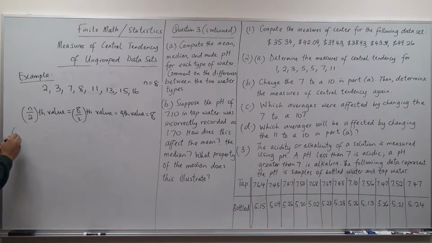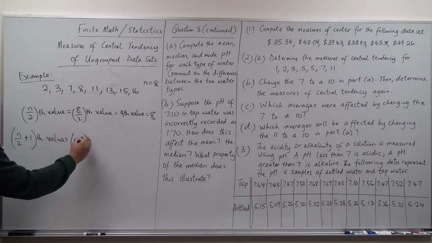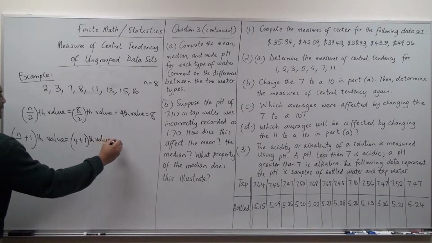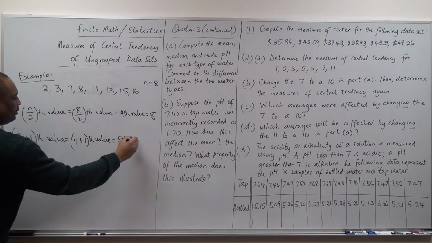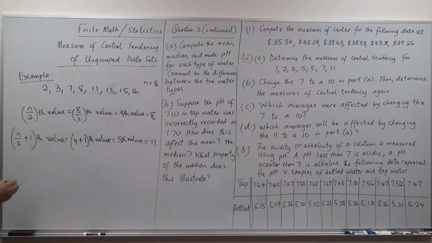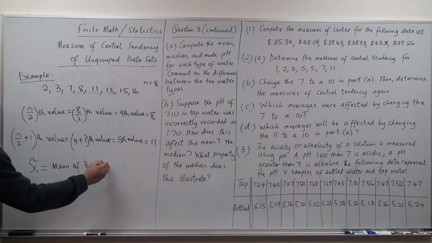Then the n over 2 plus 1 value is the 4 plus 1 value, which is the fifth value, which is 11. So the median will be the mean of 8 and 11, right?